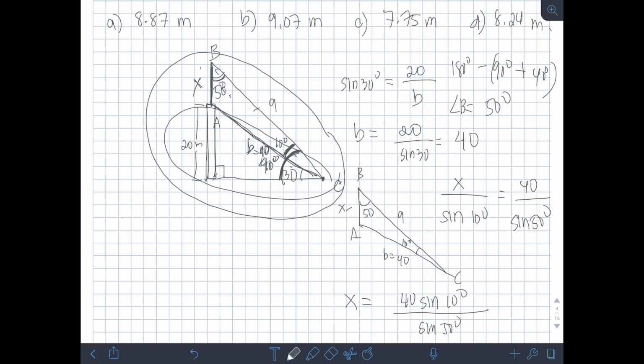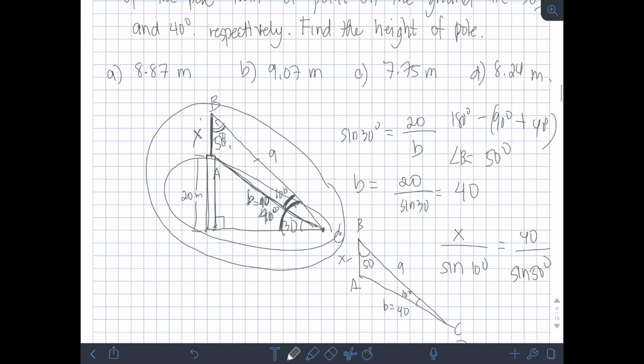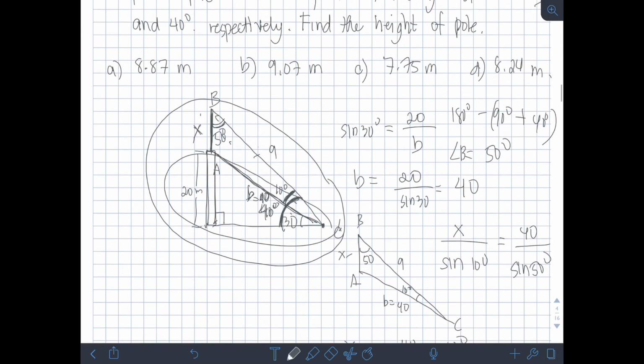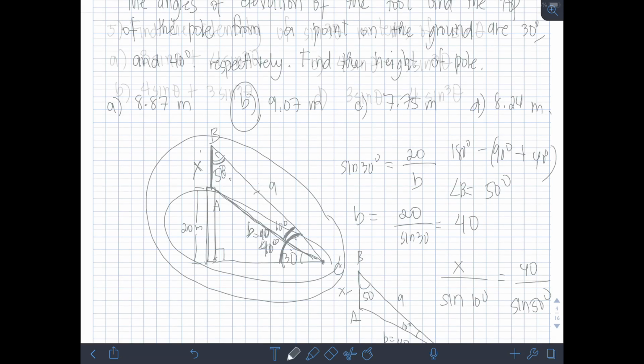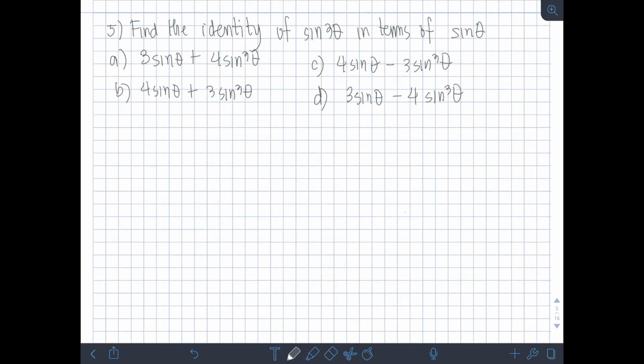So, using calculator, masasolve natin to as 9.067. So, the answer is letter B. So, approximately 9.07.